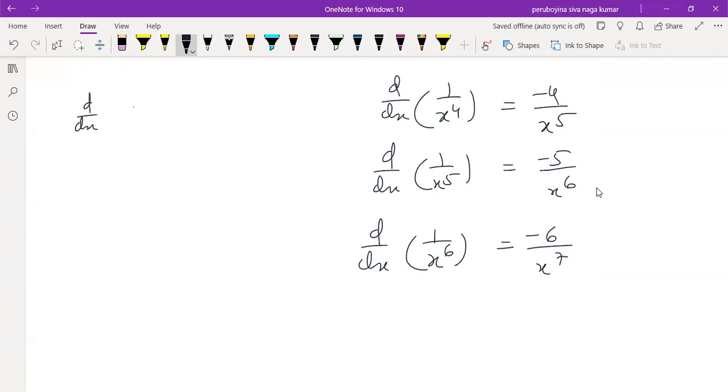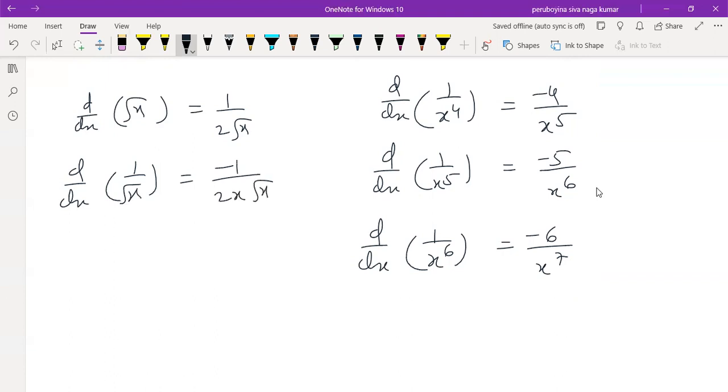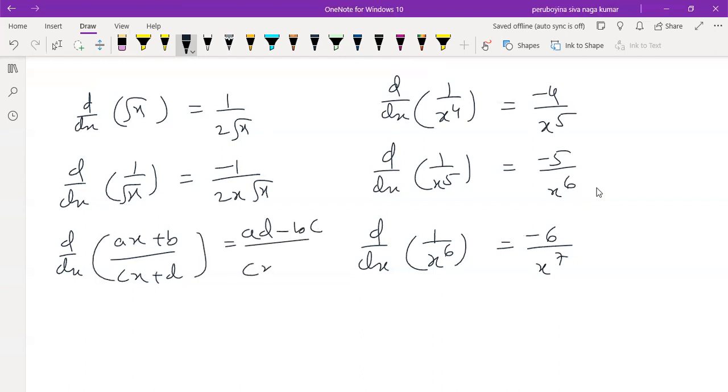And d by dx of root x is equal to 1 by 2 root x. Next, d by dx of 1 by root x is equal to minus 1 by 2x root x. And a few more formulas. D by dx of (ax plus b) by (cx plus d) is equal to (ad minus bc) by (cx plus d) whole square.